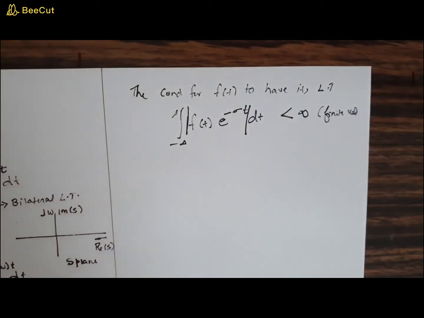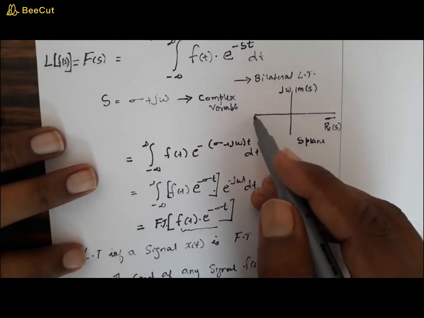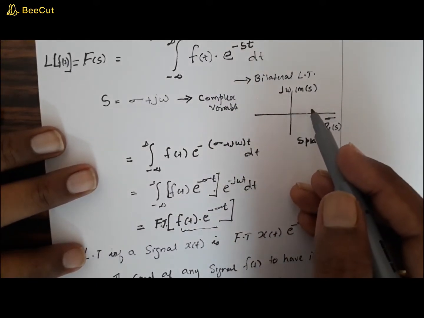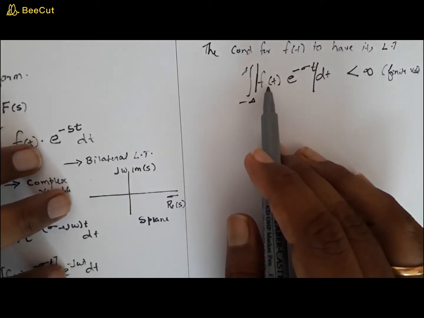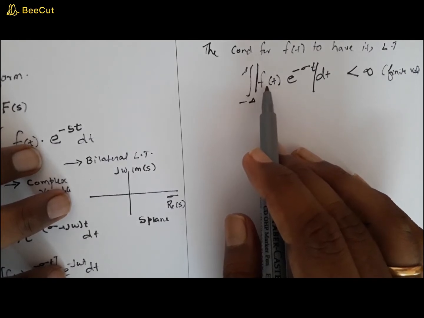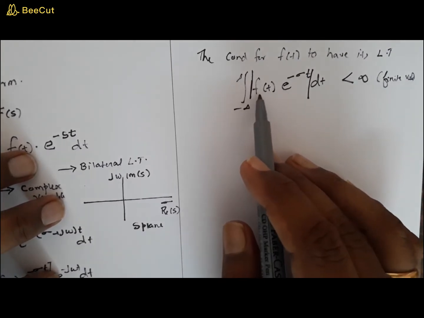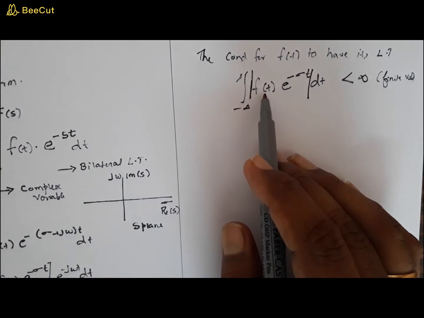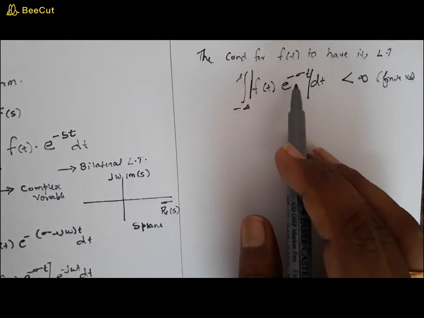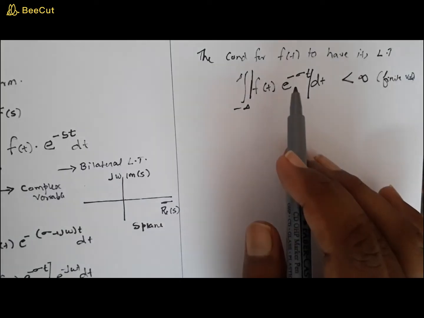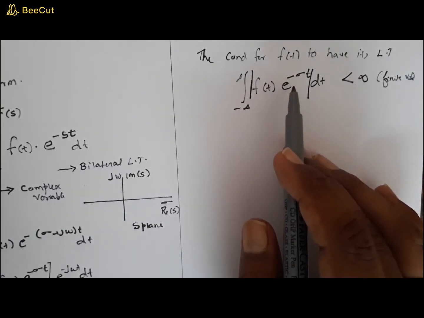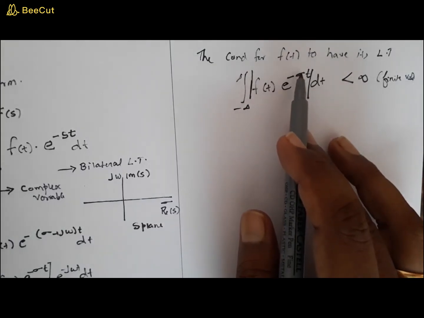So from this, what is basically sigma? Sigma is actually the real axis point. What will happen in this case? Say for example, if this is a function like u of t, which is not time limited. Now if that function gets multiplied by e raised to minus sigma t, it will always be integrable as long as sigma is positive, right?